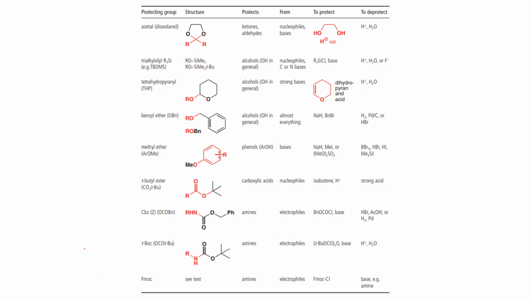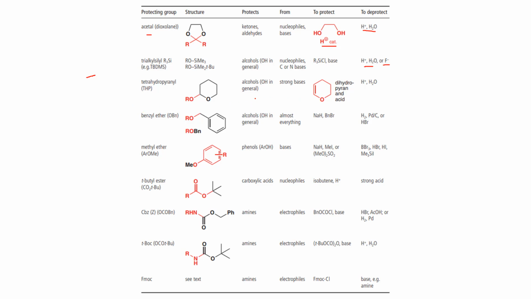In case of ketones and aldehydes, we use the protecting reagent which forms acetal. This can be deprotected by H plus. For simple alcohol, we can use trialkylsilyl, which can be deprotected by H plus, or any fluoride source.